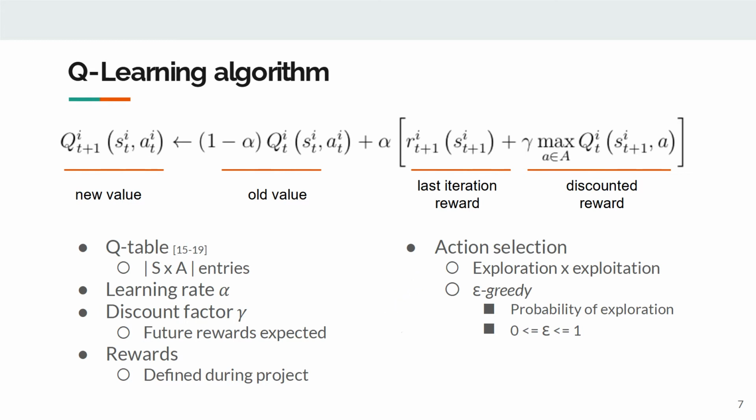One of the approaches to balance exploration and exploitation is epsilon greedy, where the agent explores with a probability all available actions in a state, and sometimes it exploits the best available action. The rewards are defined during the project time and usually represent some value based on the improvement of some performance metric in the environment.